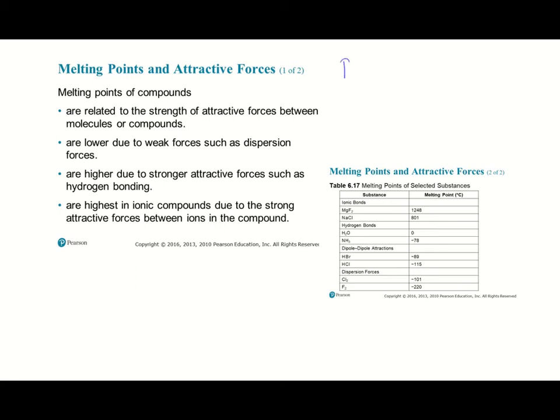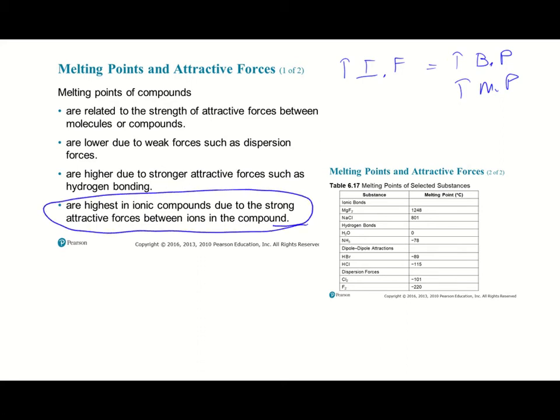the stronger the intermolecular force, the higher the boiling point, and the higher the melting point. Ionic compounds have extremely high melting points because ionic bonds, as a general rule, are stronger than intermolecular forces.